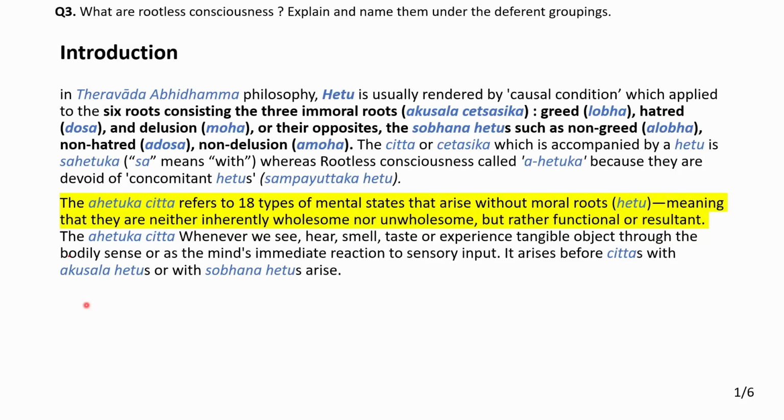I will change that. Kusala, but the immoral roots is Kusala Chetasika, roots is Hetu, but they are... my mistake. It should be Loba Mula instead of Cetasika. My mistake. Okay, then go to slide number 5.